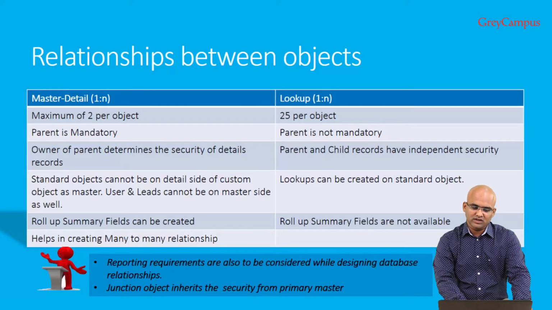But what this means is that in a master-detail relationship, the master controls the access to the child records. Parent and child records have independent security in a lookup relationship. So you will have an owner field both on parent and on child. Parent and child both have independent owners, independent access levels, everything.